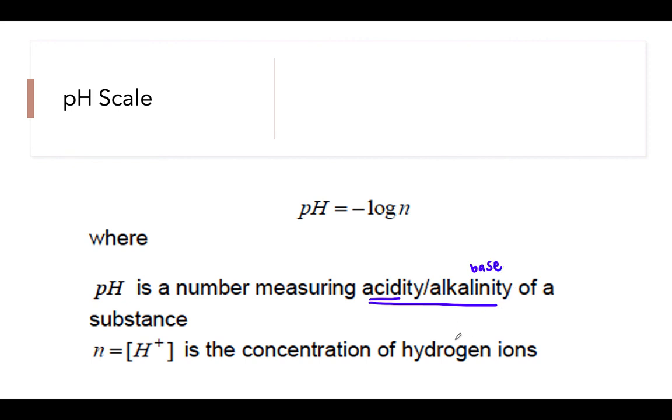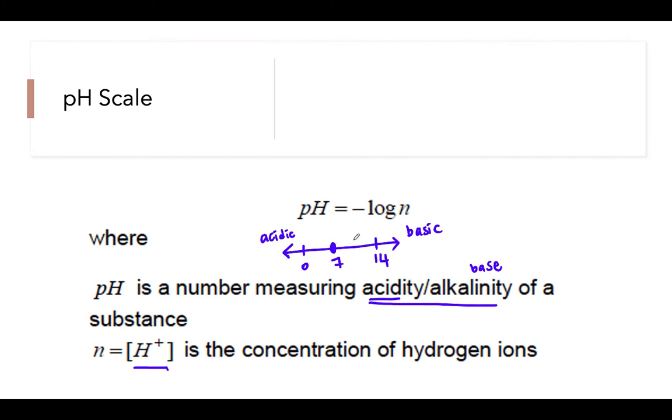It measures the number of hydrogen ions in a mole of a substance. The pH scale ranges from 0 to 14, with 7 being neutral. The bigger the number, the more basic. The smaller the number, closer to 0, the more acidic. And 7 is neutral.